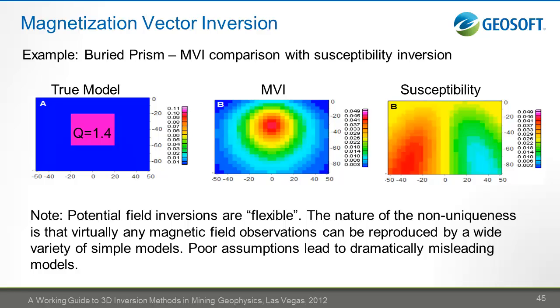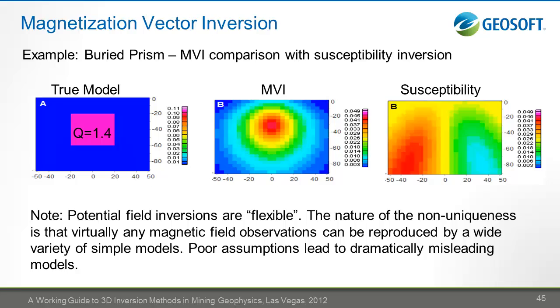So if you have poor assumptions going into your inversion process, you're still able to fit the data, and you'll still get some model out, but it can lead to dramatically misleading interpretation, so that, for example, trying to interpret this image compared to this one is clearly a problematic situation.